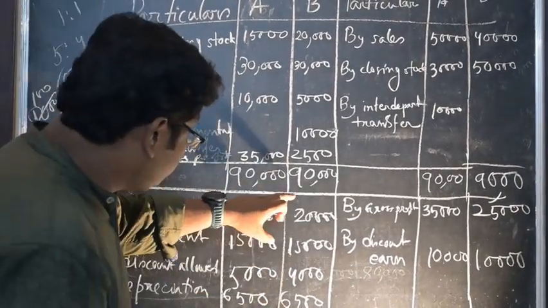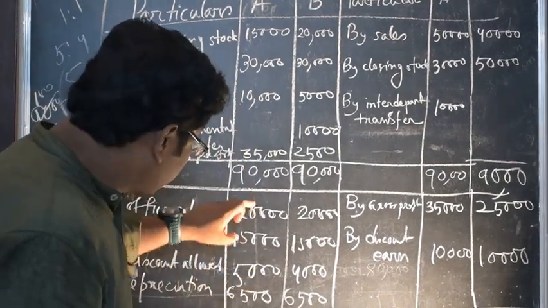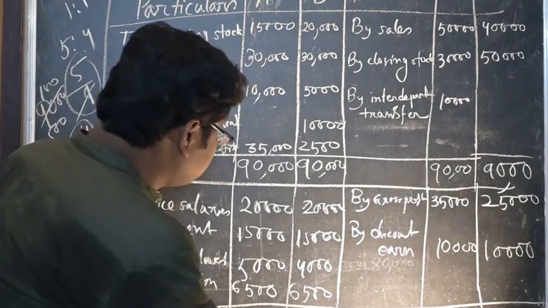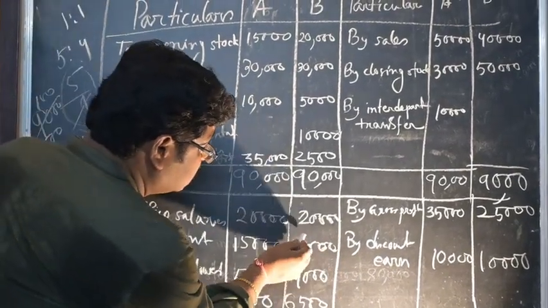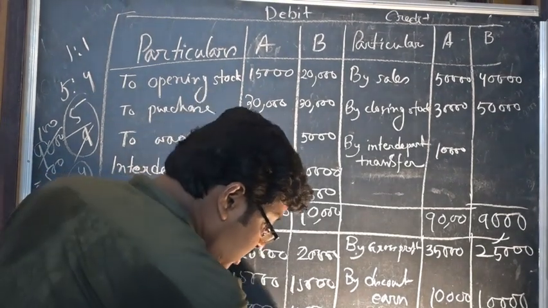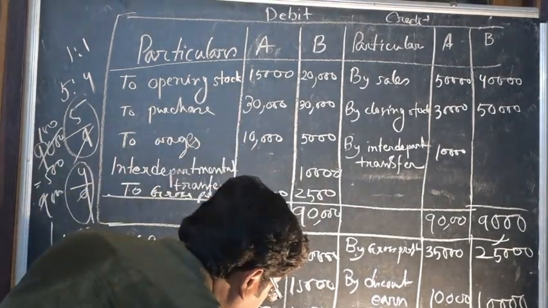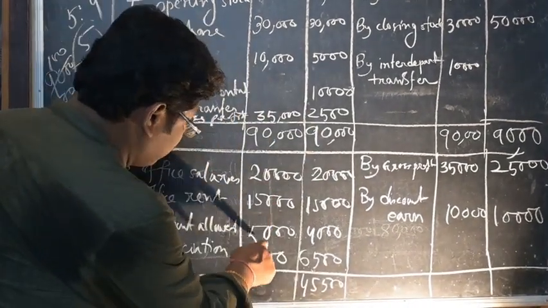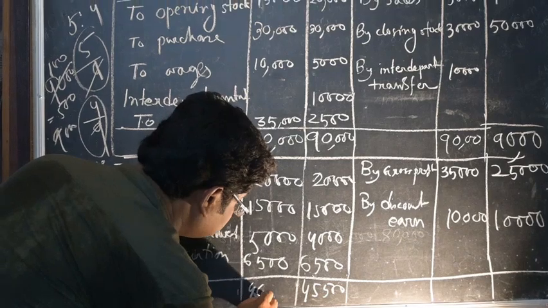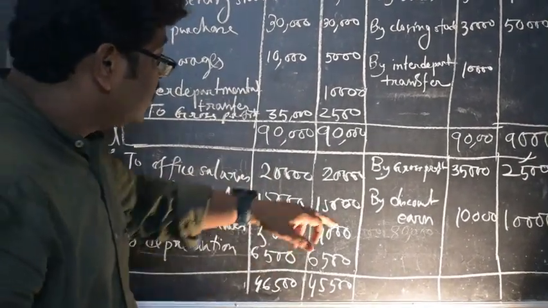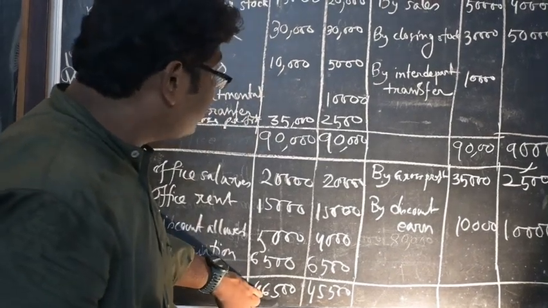Adding 20,000, 15,000, 4,000 and 6,500, it should be 46,500.